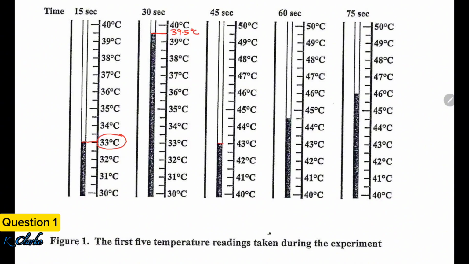At 45 seconds, the temperature is 43 degrees Celsius. At 60 seconds, that is 44.5 degrees Celsius. And at 75 seconds, the temperature is 46 degrees Celsius. Adding the data to the table in A Part 1.